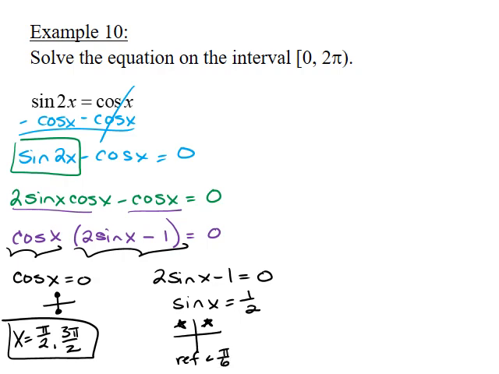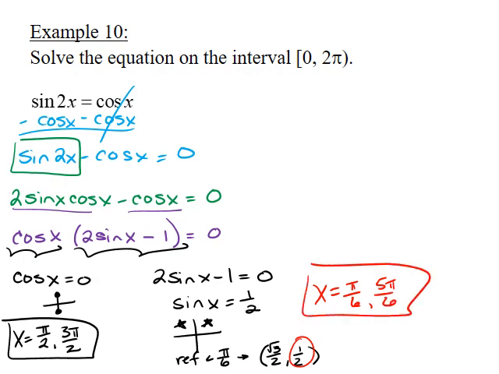The reason I know that is because the ordered pair associated with pi over 6 is root 3 over 2, 1/2. Sine is the y value, so I know that my reference angle is pi over 6. The multiples of pi over 6 in the first quadrant and second quadrant are pi over 6 and 5 pi over 6. So there are 4 solutions in this problem.